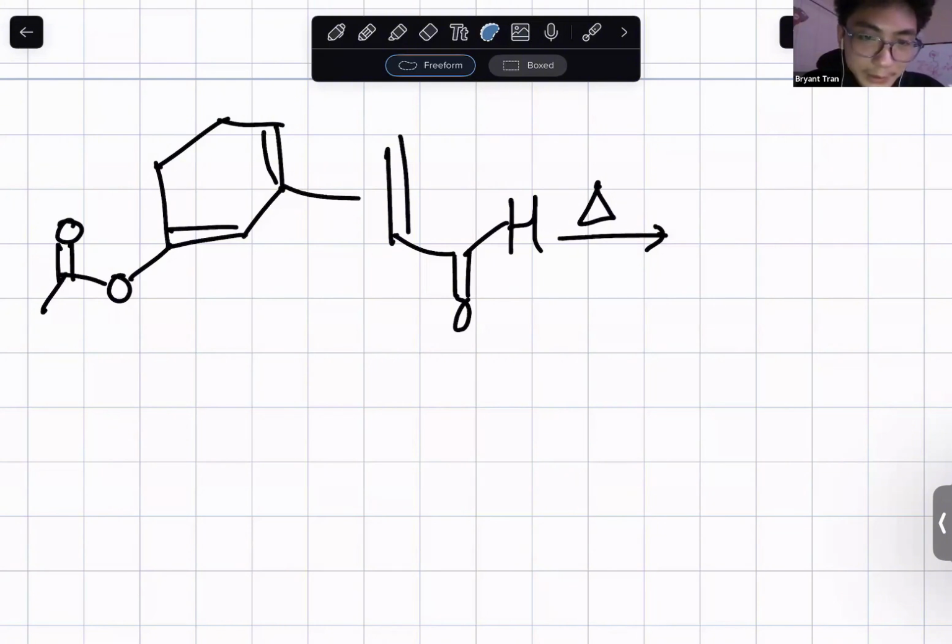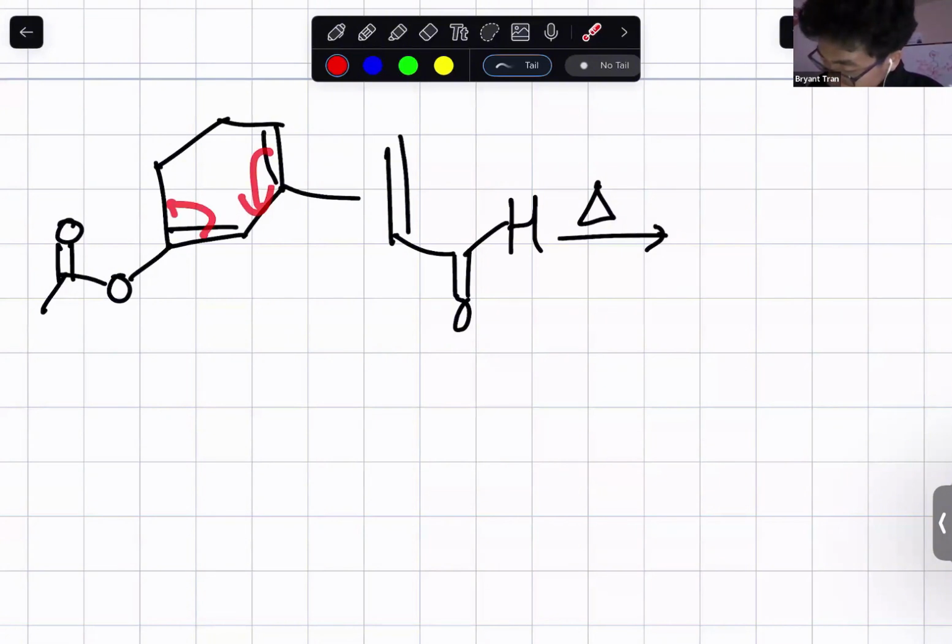I see what you're trying to do. You're thinking of this as electrocyclic ring opening, ring closing, right? Which is why you drew these arrows here. But as a result of those arrows, we can't get this.